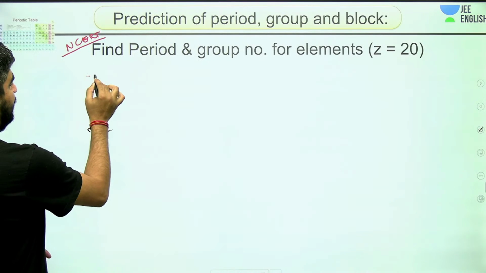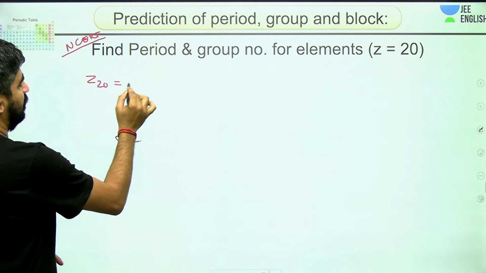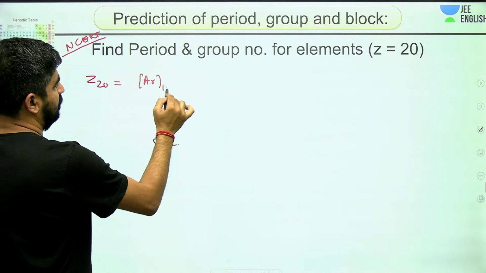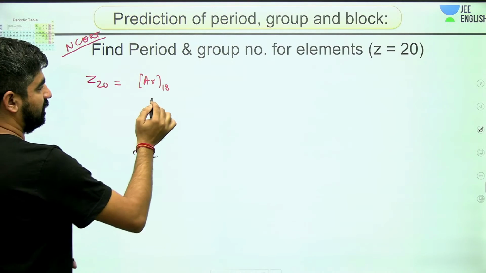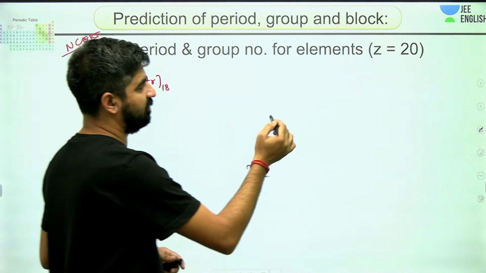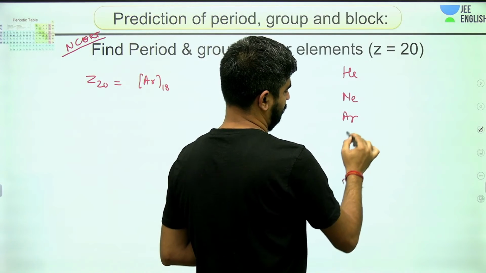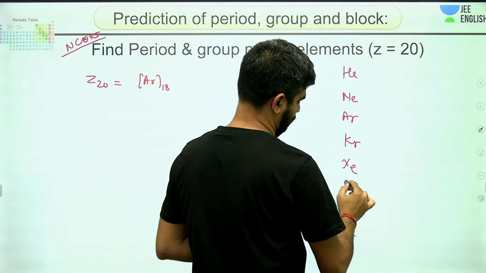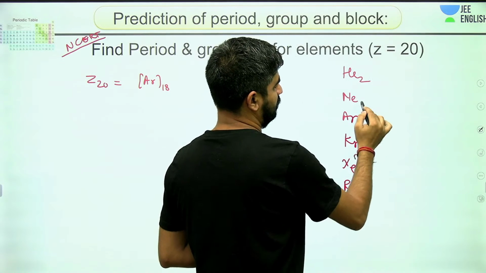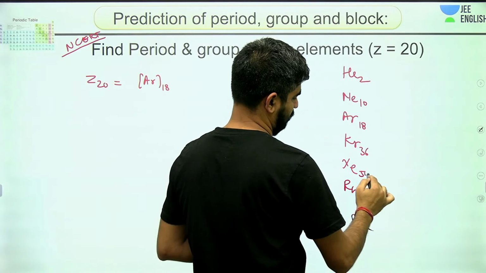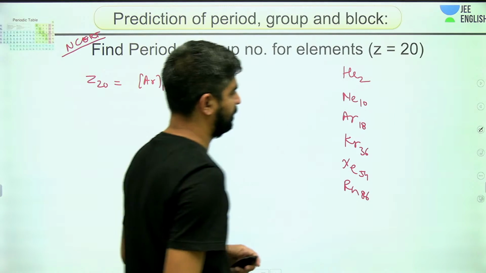So for Z20, you will write argon 18, and after this, just remember it. Helium 2, 10, 86.